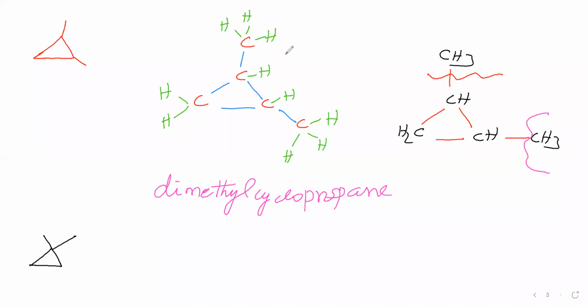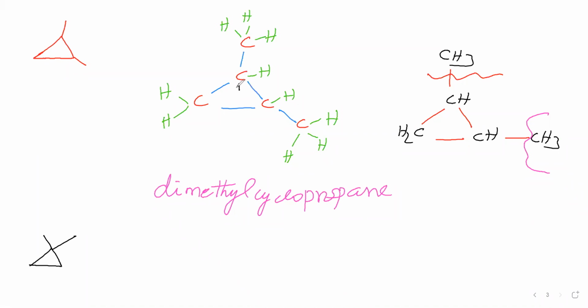You give the numbering to the cyclic carbons, not to the branches. So we give numbering to these three carbons, such that the branch should get the least position. At this carbon a branch is there, therefore number 1.